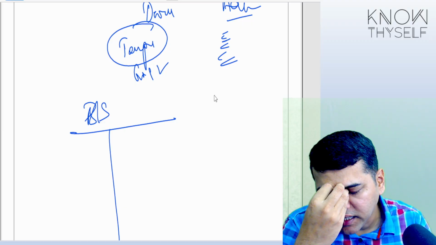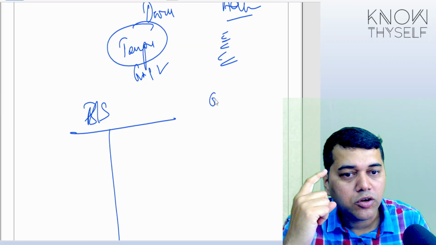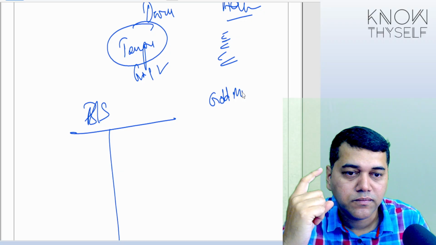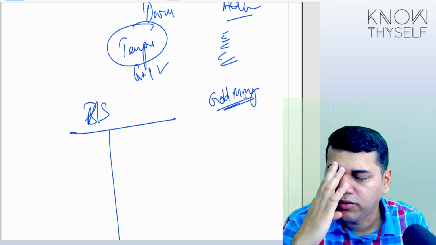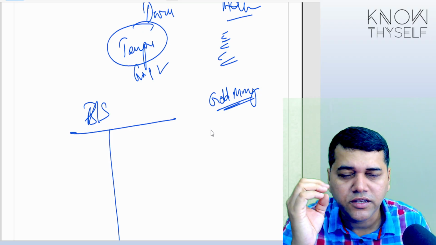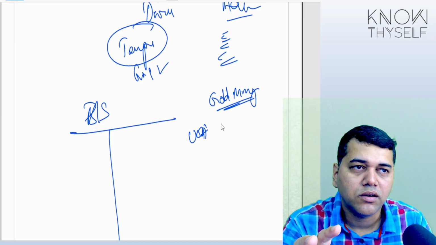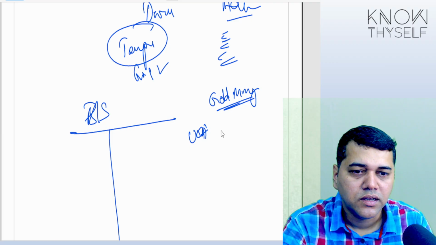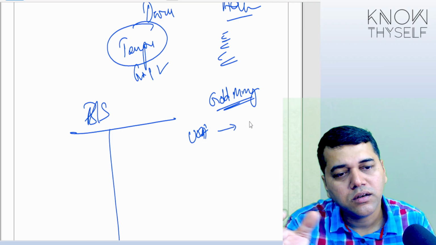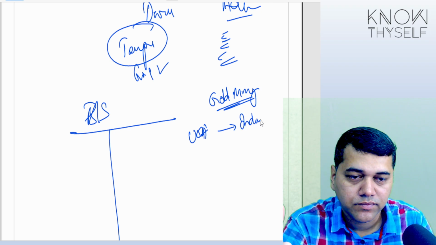I'm not recollecting the name of the movie, students, but there is a very fantastic movie on gold mining. This happened somewhere in the USA. Some mining company took mining rights in Indonesia.